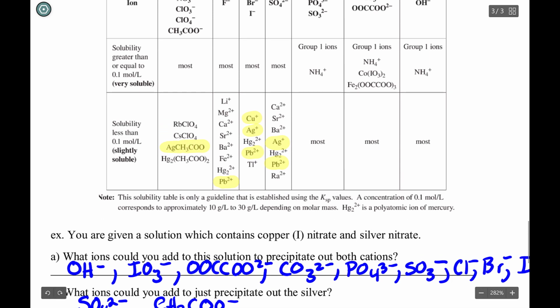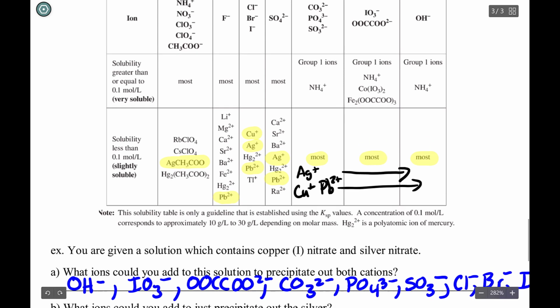A lot of the time, they will also be falling underneath most here, here, and here. So realistically, this most here would include the silver, the copper, and the lead too, all the way across these.